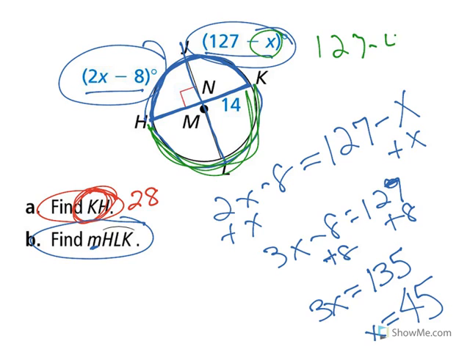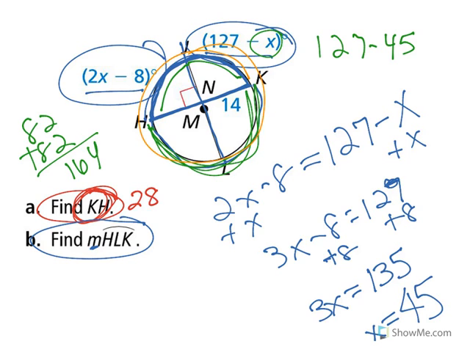So 127 minus 45, oh, let me grab my calculator. 127 minus 45 gives us 82. So that means that this arc is 82, this arc is 82. So 82 plus 82 gives us 164. Well, again, what does the whole circle equal? 360.